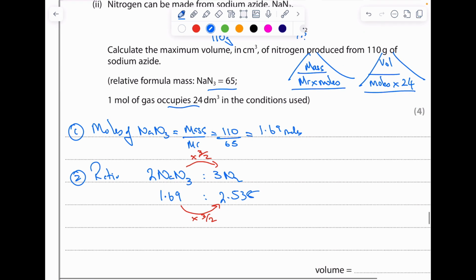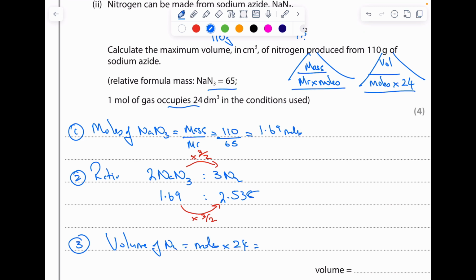Okay. Third step. We now know that we have got this many moles of nitrogen, but the question was to work out a volume. So I'm going to use this triangle to work out the volume. To work out volume is moles times 24. So the volume of nitrogen equals moles times 24, which is this 2.538 times by 24.